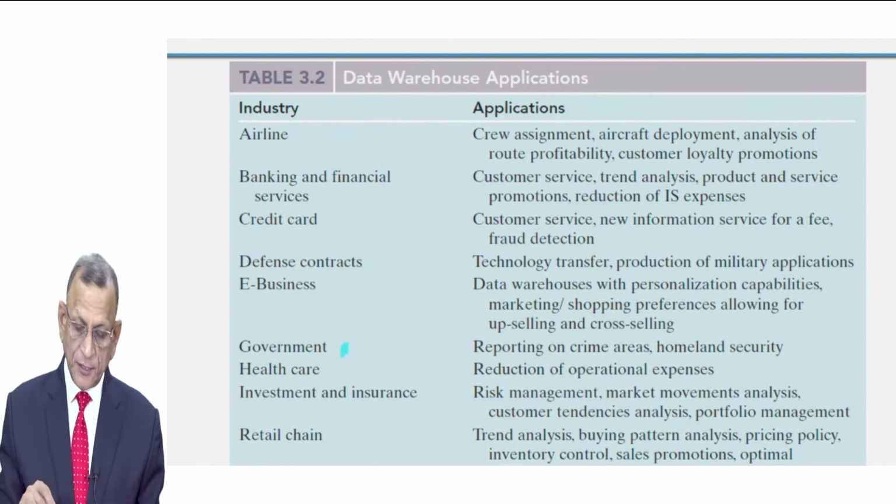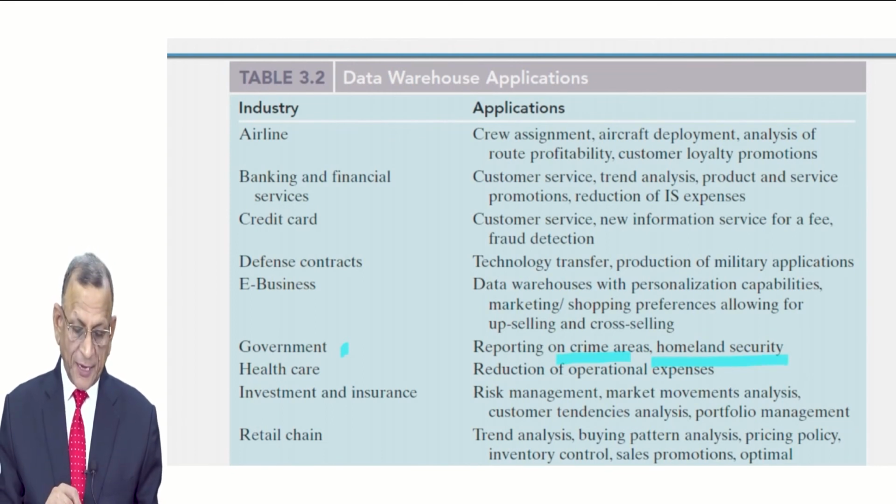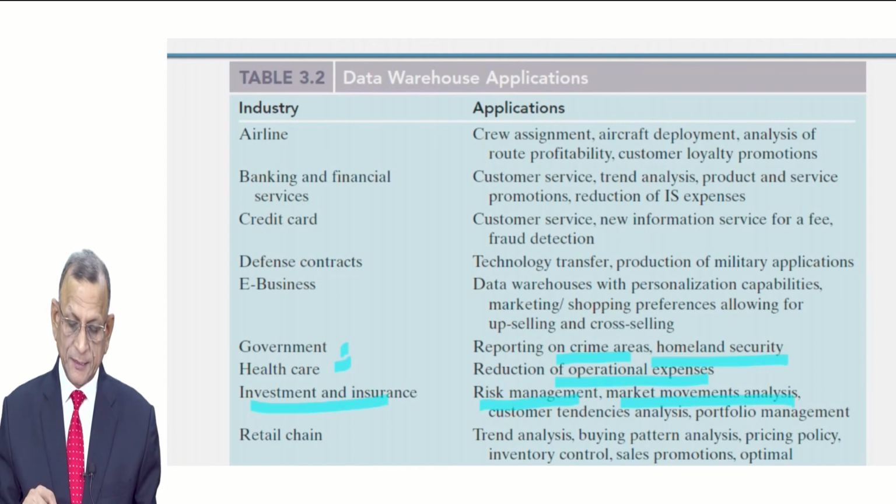Then the government for reporting on crime areas, homeland security, for healthcare, reduction of operational expenses, for investment and insurance, risk management, market movement analysis, customer tendencies analysis, and portfolio management.